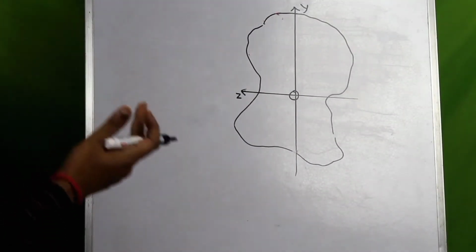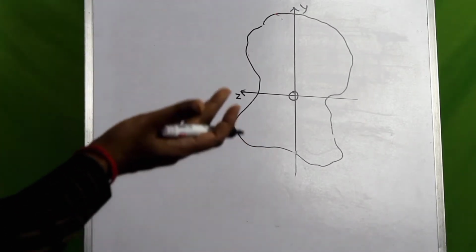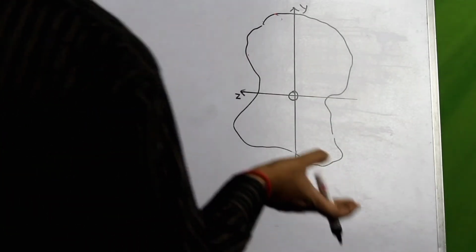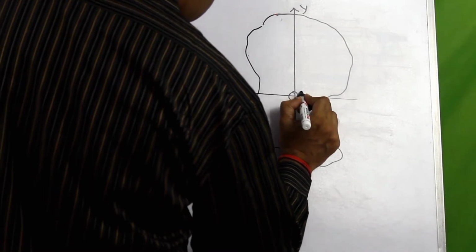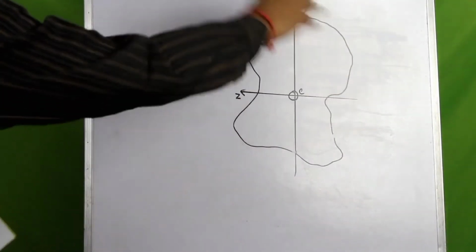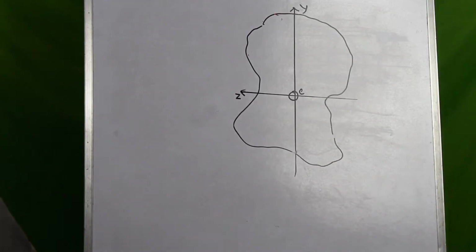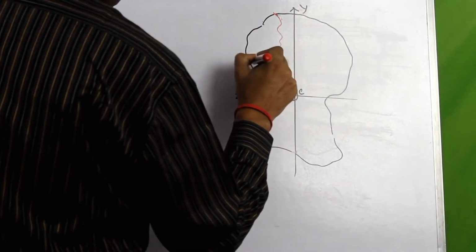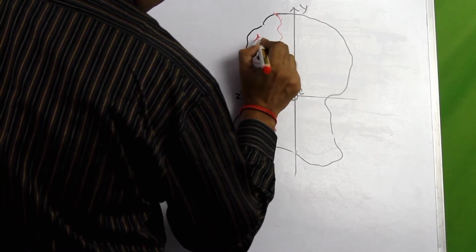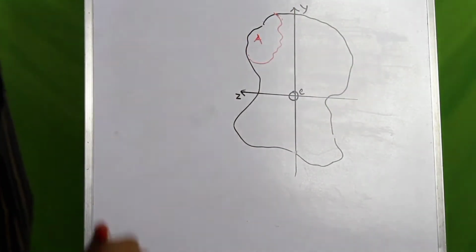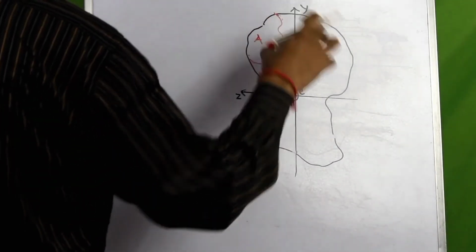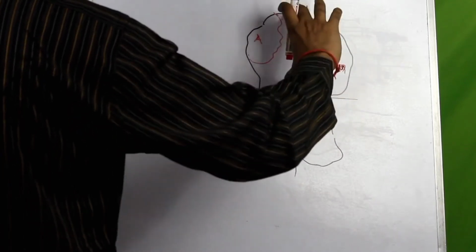So let us do a quick recap of the parallel axis theorem. Let this be the cross-sectional area of a general shape. It can be any possible shape, and let this point C be the centroid of the whole cross-section. Now let us identify a partial area A within this whole cross section, and we are interested in finding the contribution of the moment of inertia of this area about this axis and this axis.